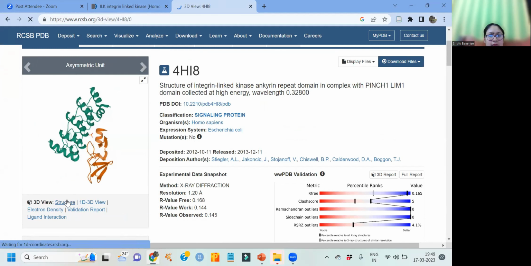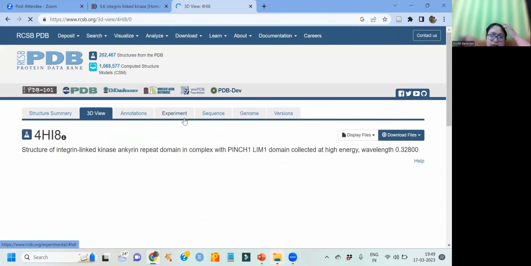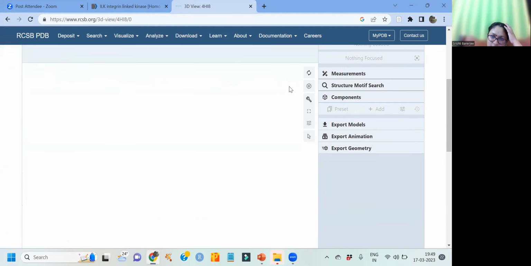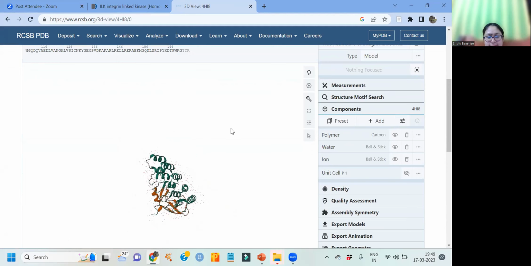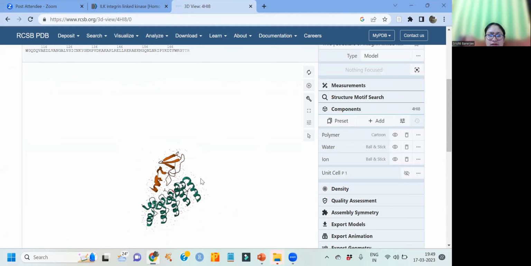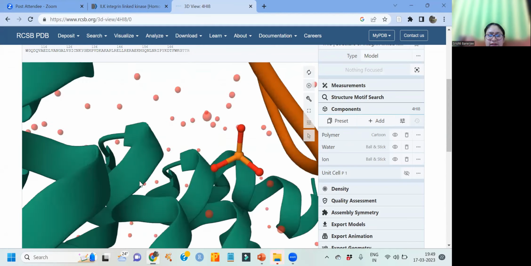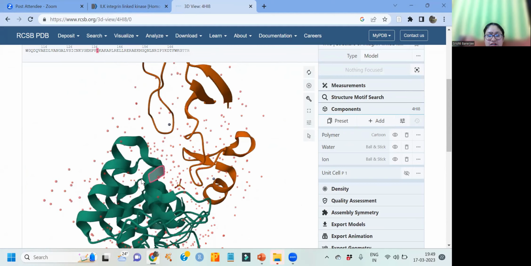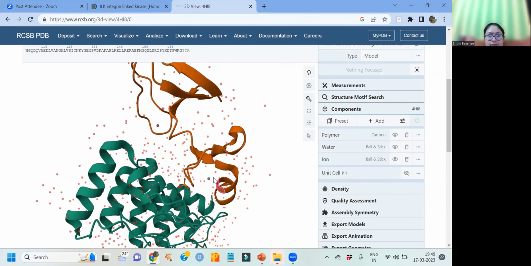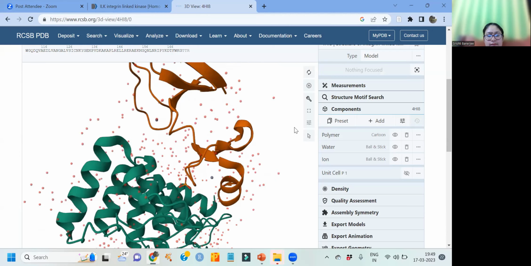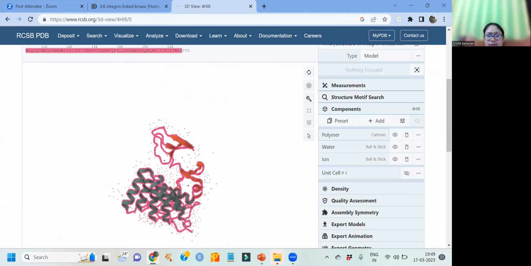Let me click on random things and let's explore this. 3D view. Okay, yes. So you see, you can move the protein and see. Can you identify the structures? What secondary structures are here, Amardeep? What is this? Can you identify the structure?